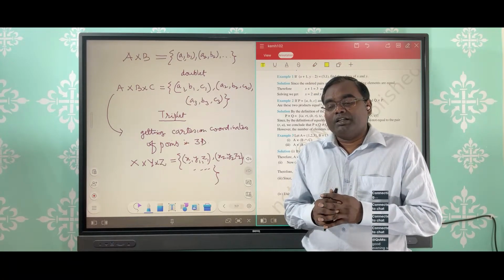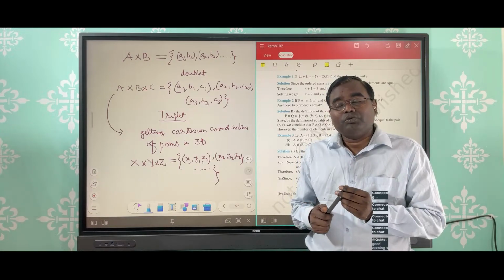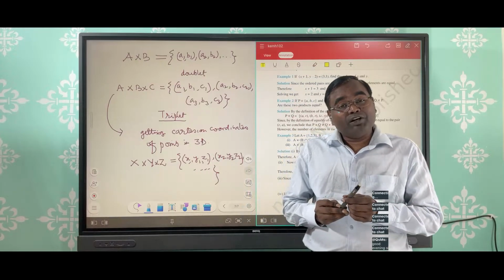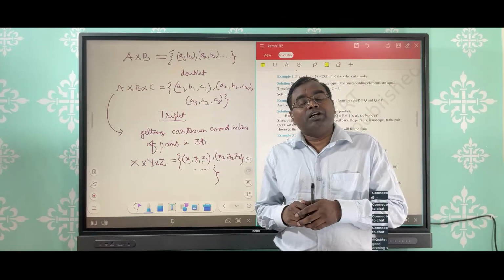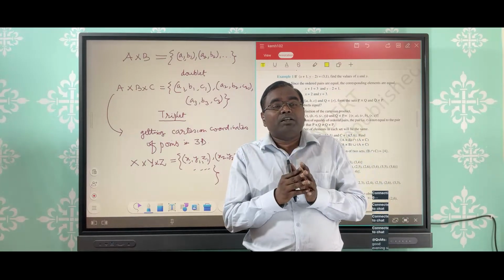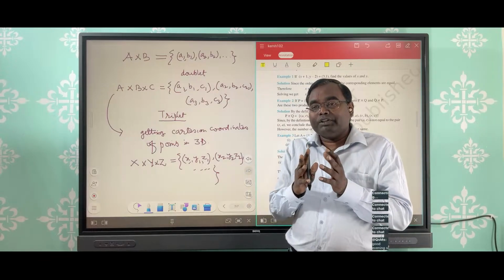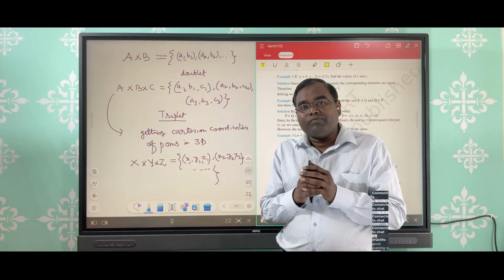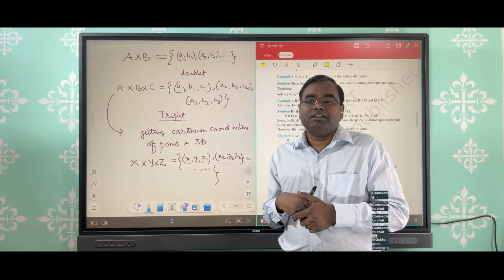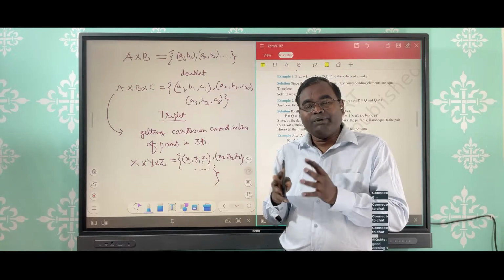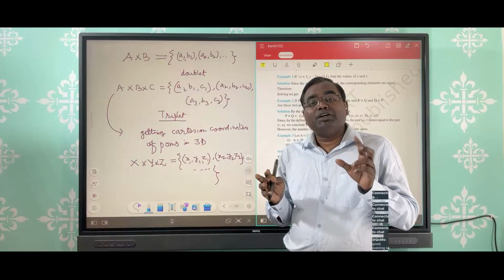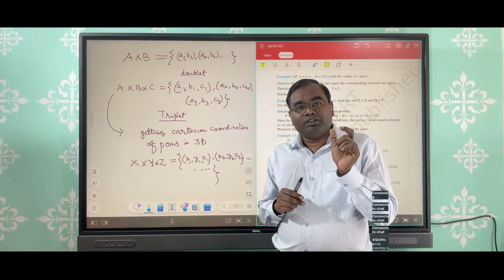Okay. Another thing we are going to learn is the relation. So relations can be obtained from this Cartesian product by choosing particular ordered pairs out of the cross product set. If you are picking some pairs as elements out of the cross product, then these pairs will have a relationship among these elements.